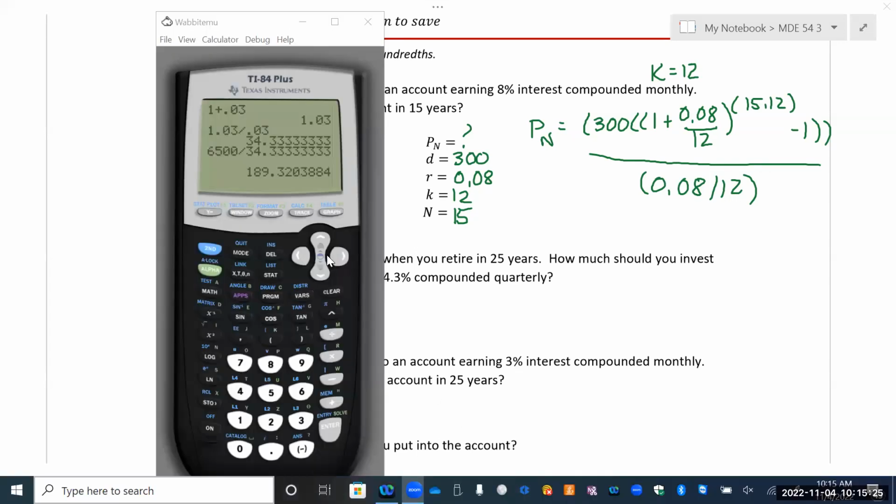So I'm going to use mine. I'm putting it in exactly how you see it with all of those parentheses. Don't forget that minus 1.